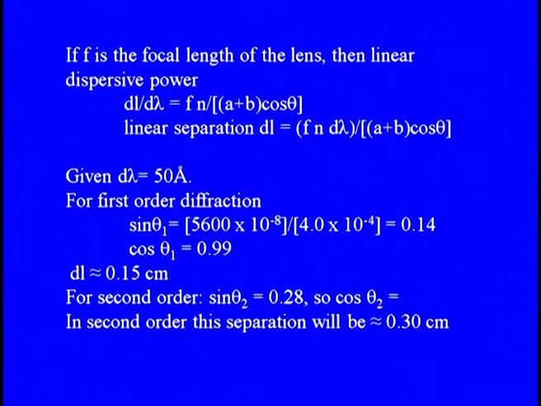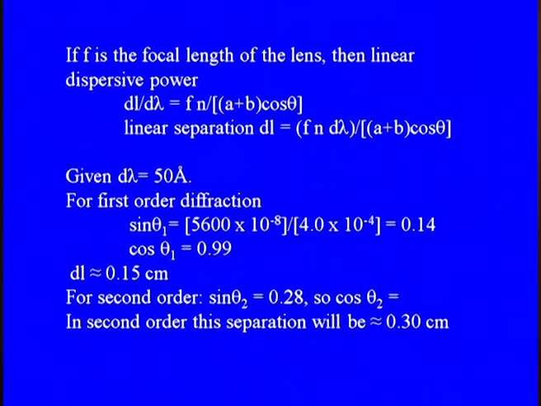So for first order diffraction we can calculate the value of sin theta 1, and after knowing it we can calculate cos theta 1, and then we can find out the value of dl. So in the first order, the value of dl will be approximately 0.15 centimeter.